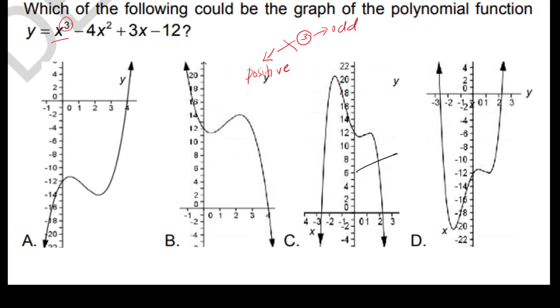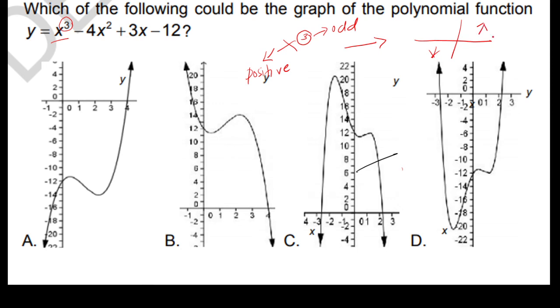So, process of elimination. Which of these can we remove? It says here, if the leading coefficient is positive and the degree is odd, therefore, your graph falls to the left and rises to the right.